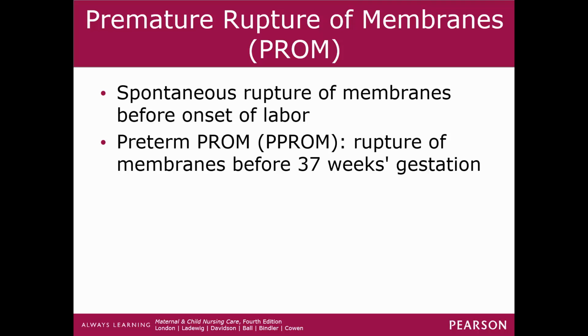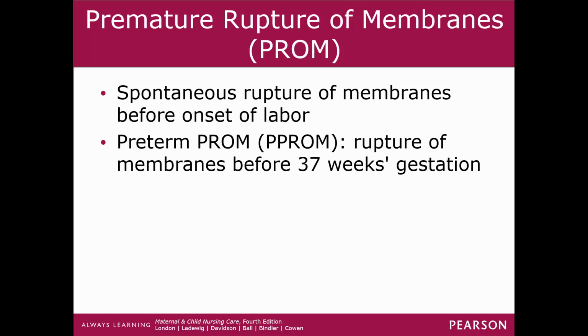If she is less than 37 weeks, her water breaks and she's not in preterm labor, so she's not contracting and not dilating, that's called preterm premature rupture of membranes, and you will hear people say PPROM. So premature rupture of membranes does not mean that it happened when she was premature.